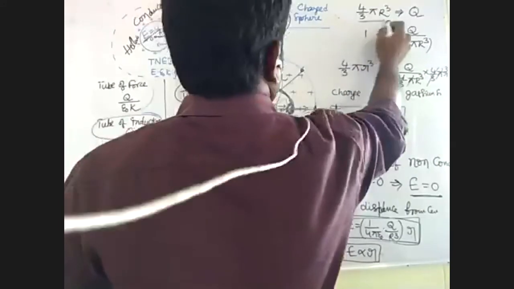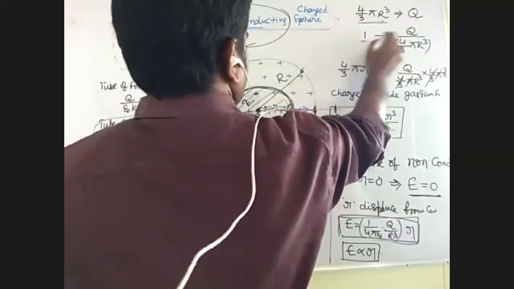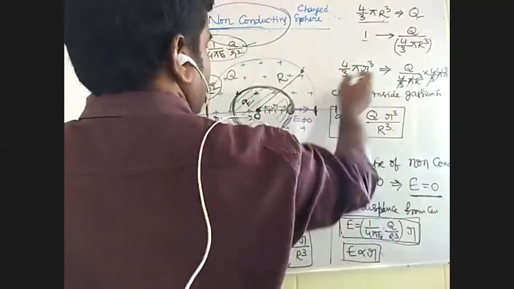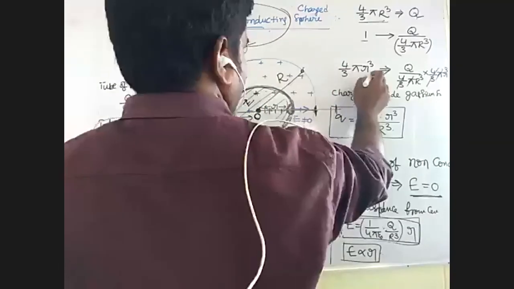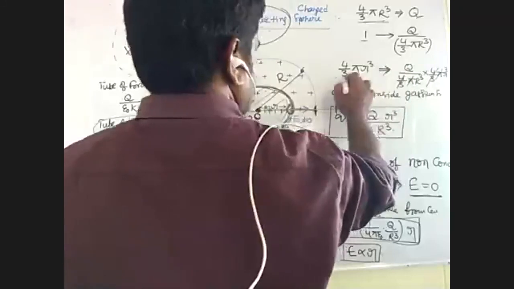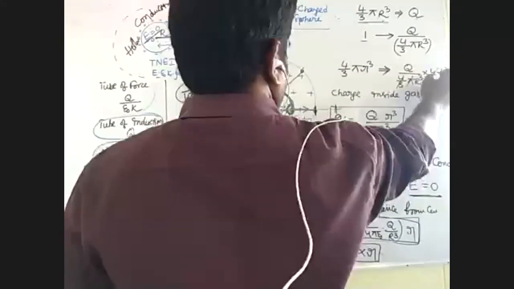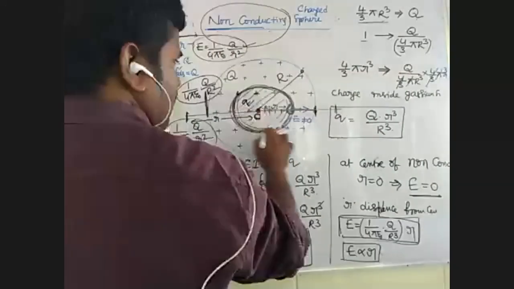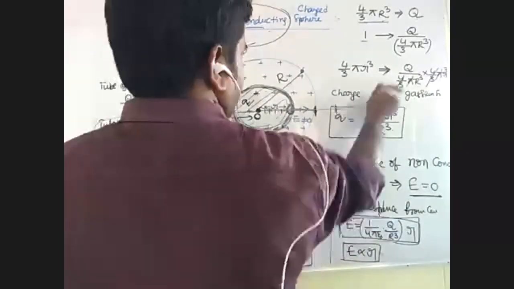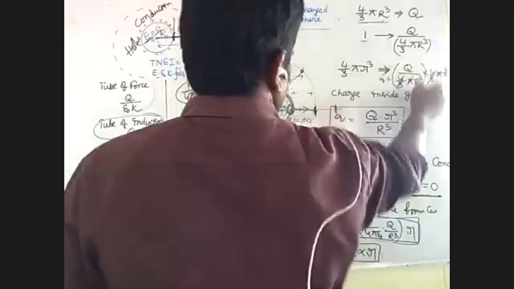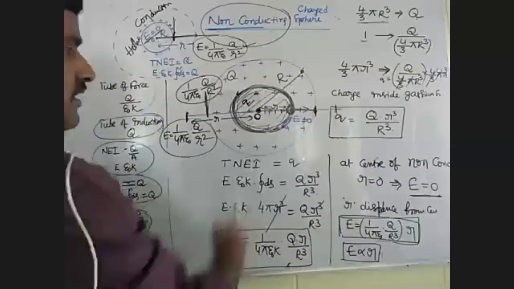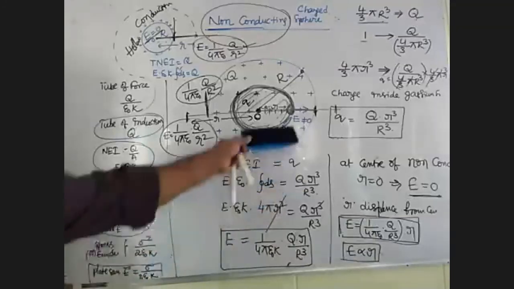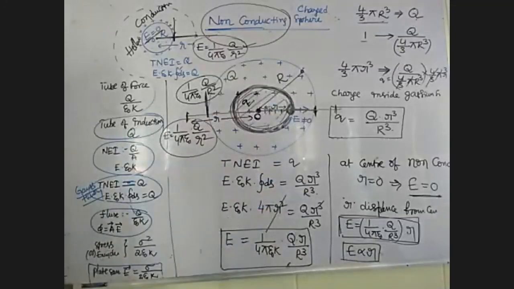In this volume the total charge is Q. The charge in 1 unit volume is Q upon 4/3 pi R cube. Again, for a small volume in this part, 4/3 pi r cube, the charge is Q upon 4/3 pi R cube into 4/3 pi r cube. That is the charge in this part, this charge is small q, equal to charge per unit volume into volume. After we simplify, it is equal to the total charge in this space. Again 1/4πε0 Q into r upon R cube.